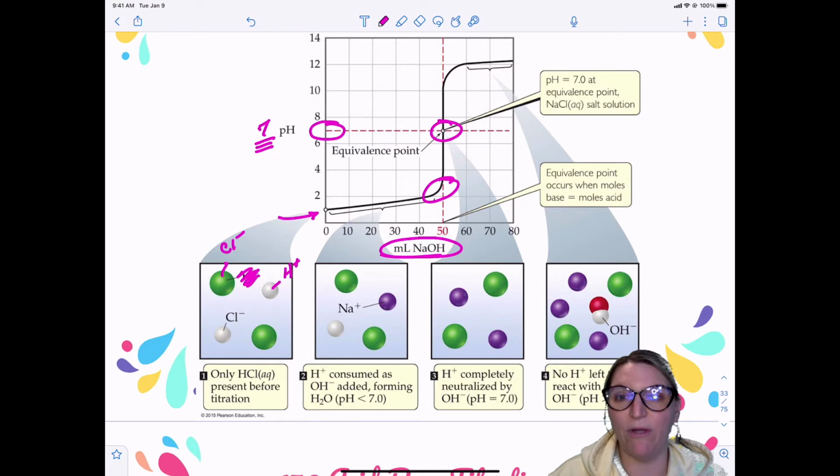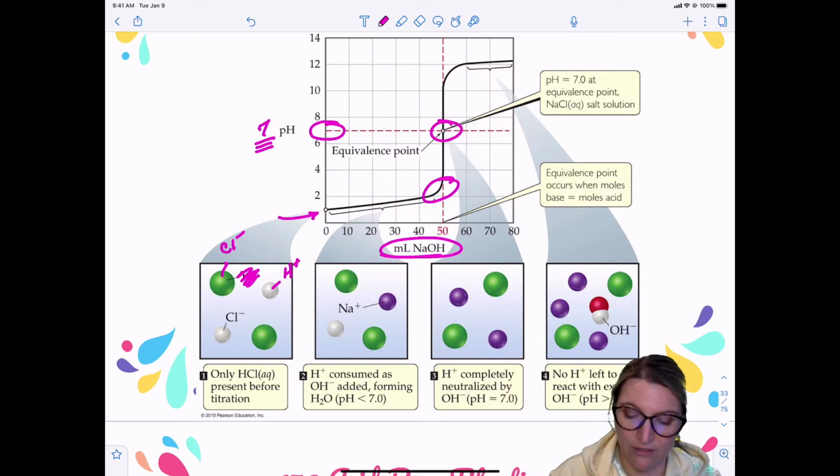The equivalence point is where the moles of H plus are equal to the moles of OH minus, which means there's not an excess of H plus, and not an excess of OH minus. The H plus concentration is the same as neutral water, 1.00 times 10 to the negative 7, which is a pH of 7.